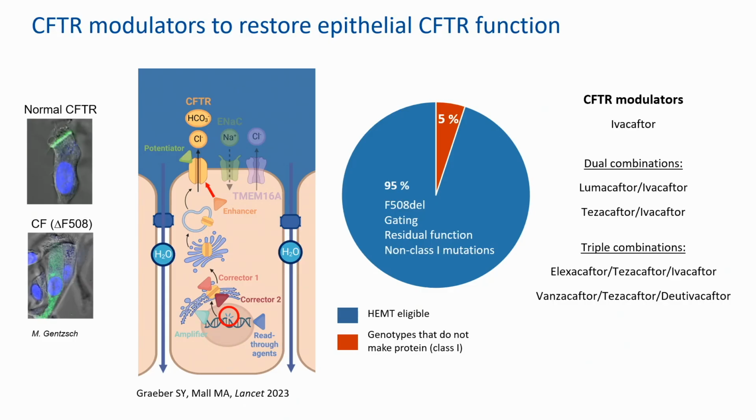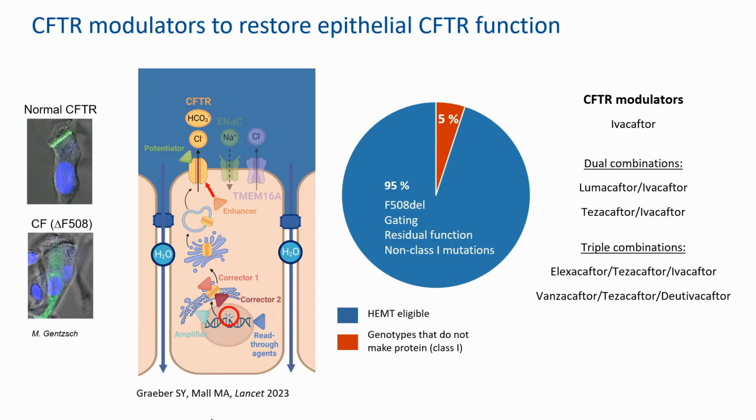So I think we all know that we now have CFTR modulators at hand to restore epithelial CFTR function. As we know, we do have potentiators like ivacaftor and deutivacaftor. Ivacaftor is a monotherapy. And then we have correctors like lumacaftor, tezacaftor, elexacaftor, and vanzacaftor.